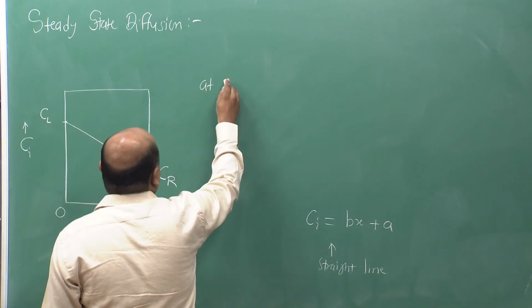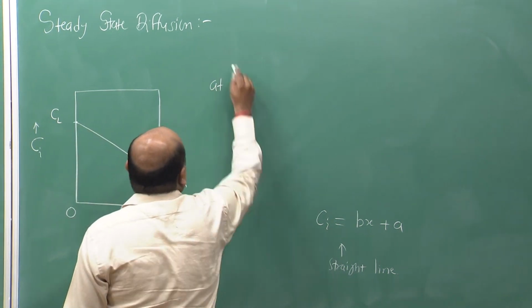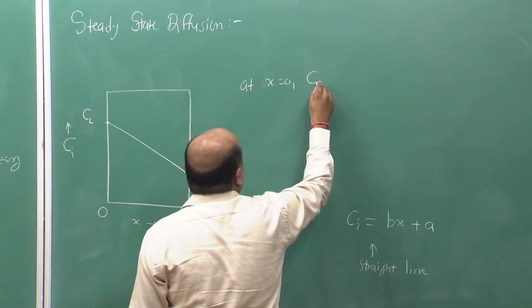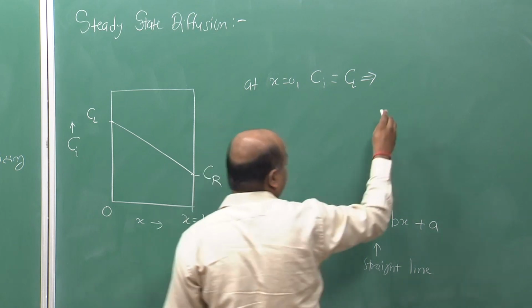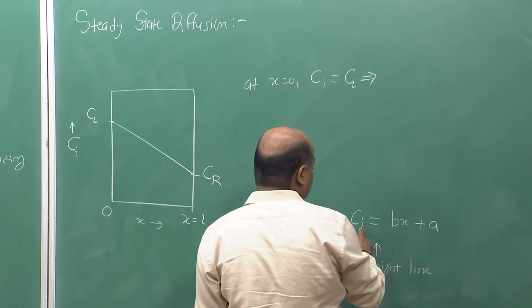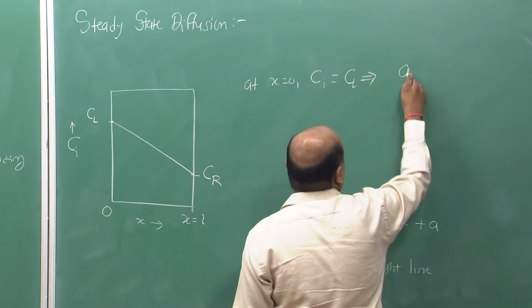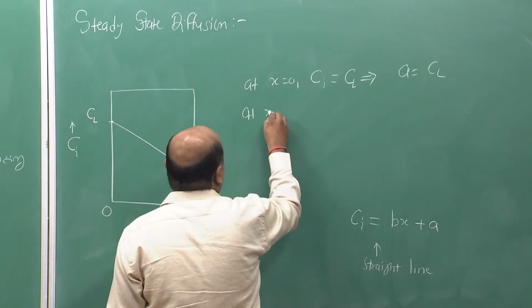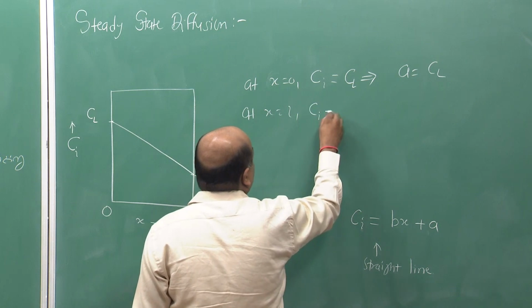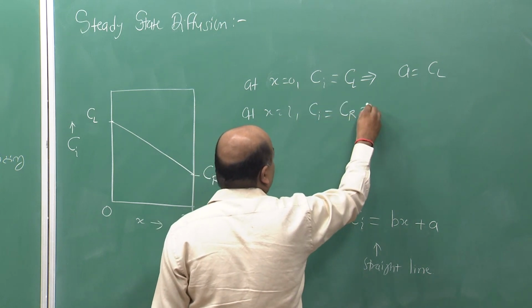We know at x equal to 0, Ci is equal to Cl. So, this will give me Cl is equal to A, and at x equal to L, Ci is equal to Cr.